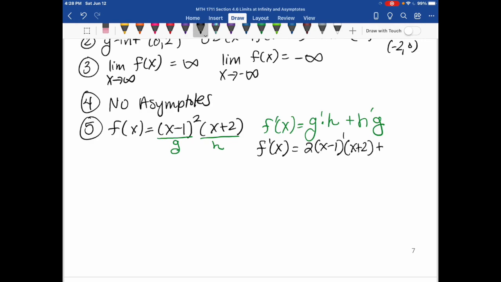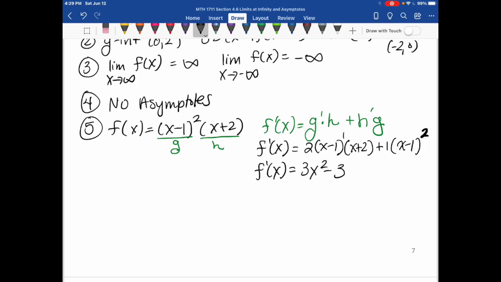Now I have to take the derivative of h, which is just 1, times g, which is (x minus 1) squared. Now, after we clean this up and we distribute and combine like terms, we're going to get the derivative as 3x squared minus 3.